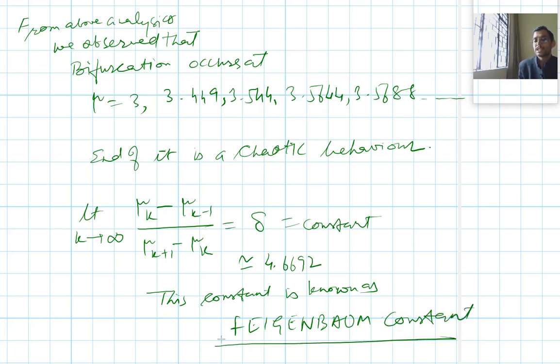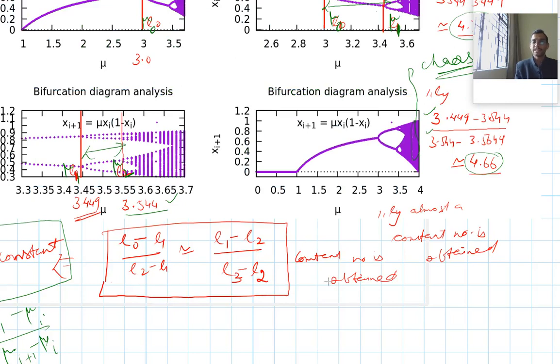For the given logistic map, I tried to find this constant, and it comes out nearly equal to this one. Looking back, 4.66 for the second population is closer, and for the third, the fourth and so on, it converges to a particular value.